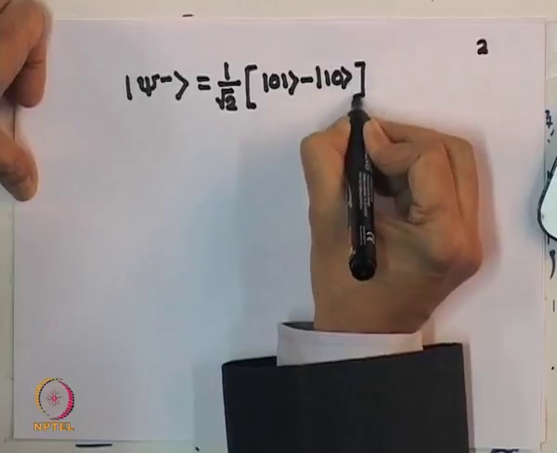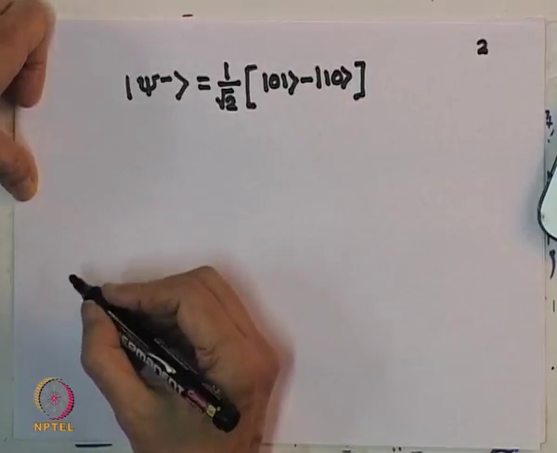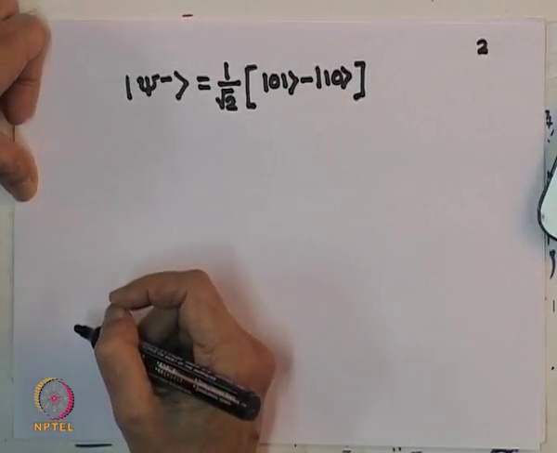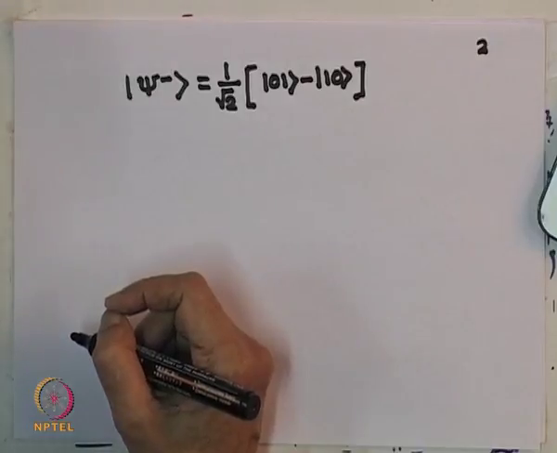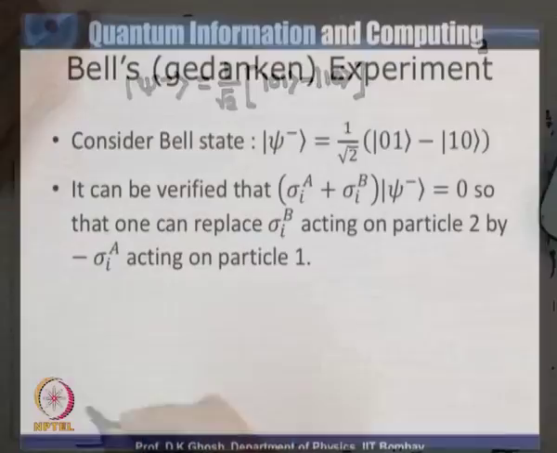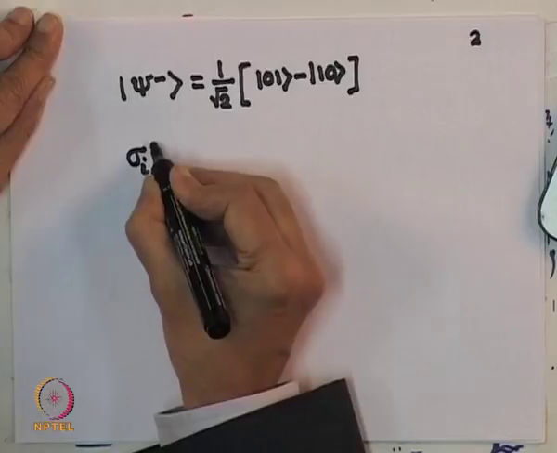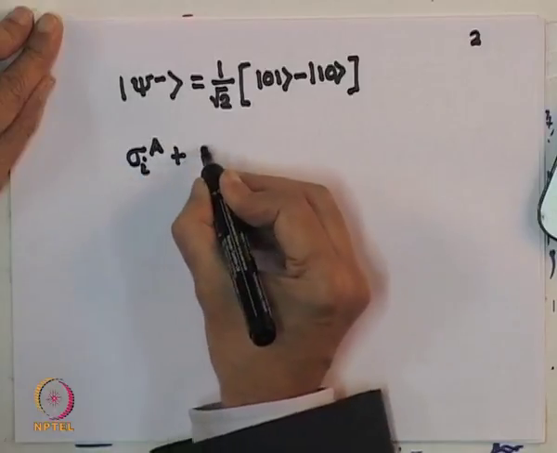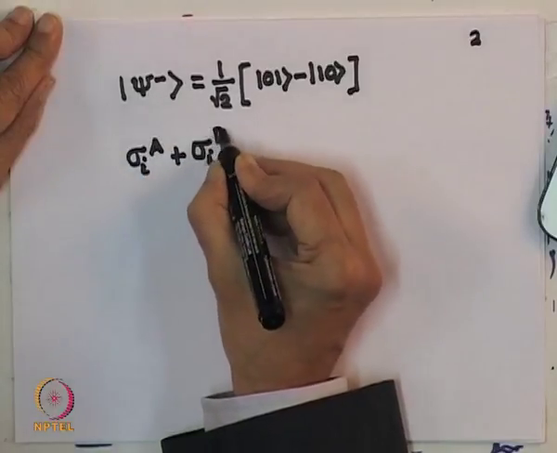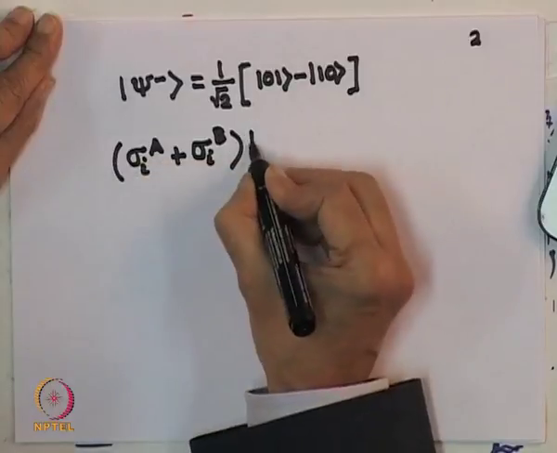I proved last time that if Alice makes a measurement on particle number 1 and Bob makes a measurement on particle number 2, then as long as they measure along the same direction, it doesn't have to be z, along any direction, the quantity sigma iA plus sigma iB acting on the state psi gives me 0.